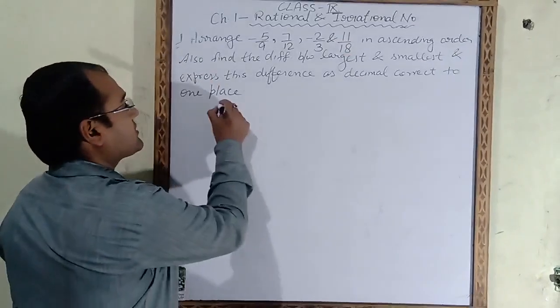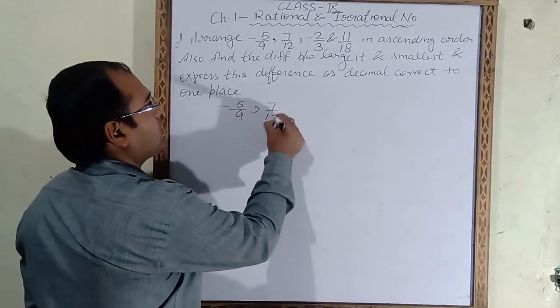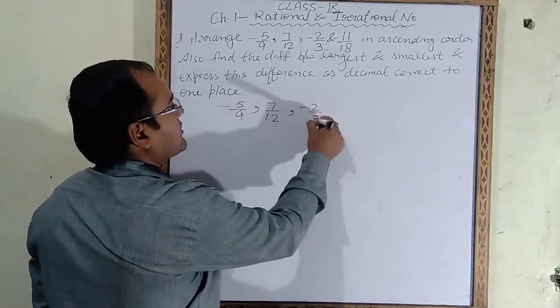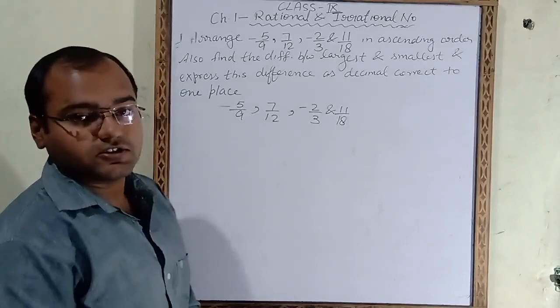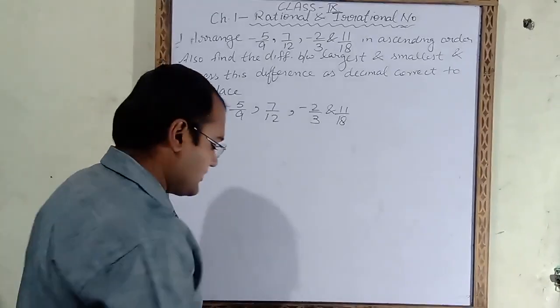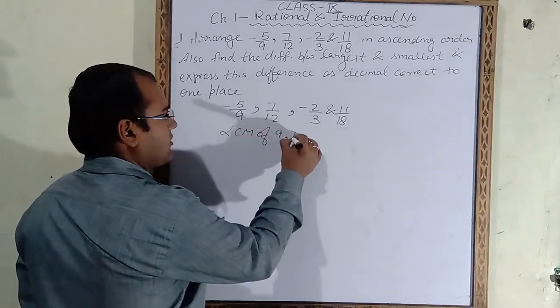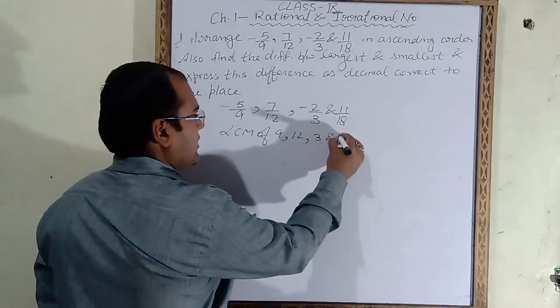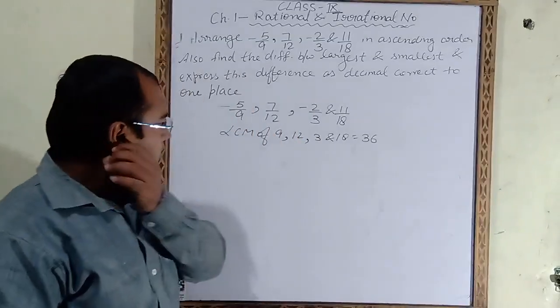The numbers are minus 5 upon 9, 7 upon 12, minus 2 upon 3, 11 upon 18. What will be the first step? First of all, we will take the LCM of these denominators, of 9, 12, 3 and 18. We get LCM 36.